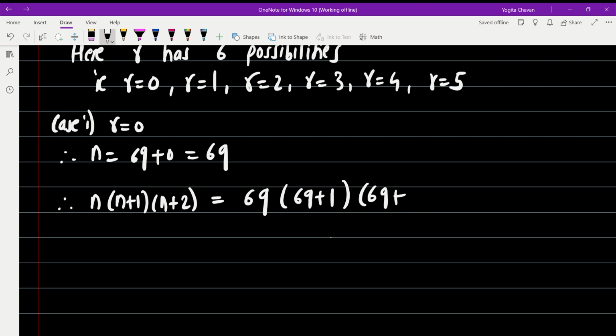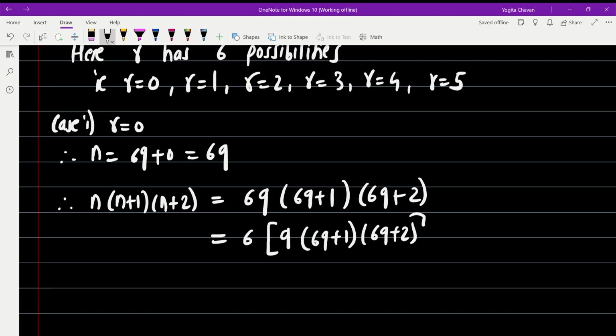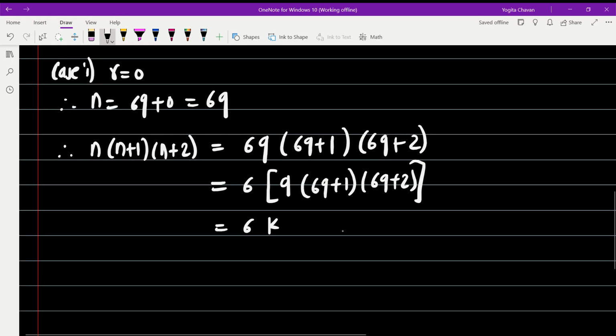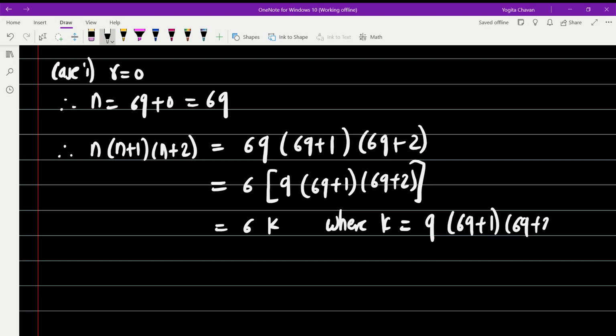which is equal to 6 in bracket q into 6q plus 1 into 6q plus 2. So this is equal to 6 into say k, where this k is nothing but q into 6q plus 1 into 6q plus 2.